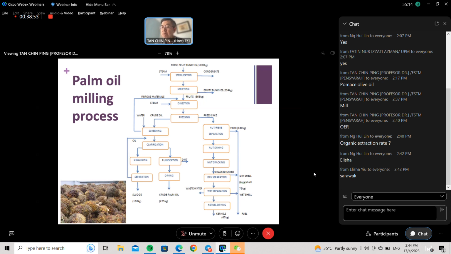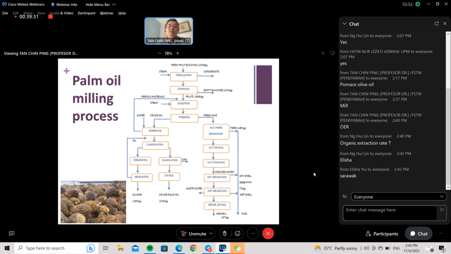Now the government has relaxed the OER requirement and asks them to collect those additional oil from sludge and so on and not mix it into crude palm oil or CPO, and they will be able to use this category of oil in the oleochemical industry, where you can eventually turn it into detergent, fatty alcohol for surfactants and so on and so forth.